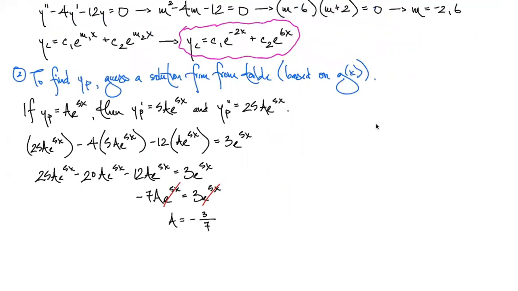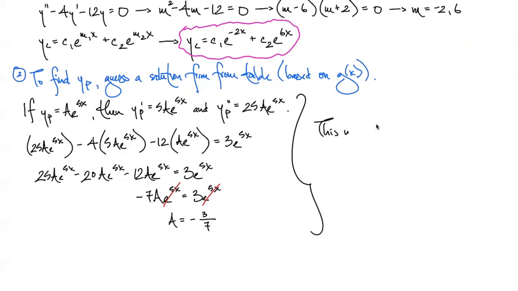Okay, so in a similar fashion to what we've been doing since day one, we find some derivatives. We substitute them into our differential equation to see what makes it equal the other side. And we're able to find a constant that goes with it. So here's what this means.